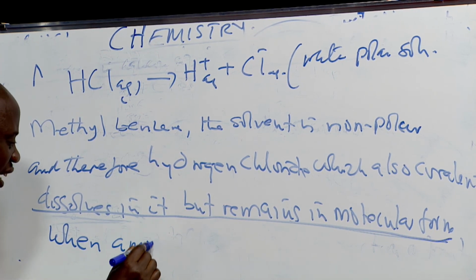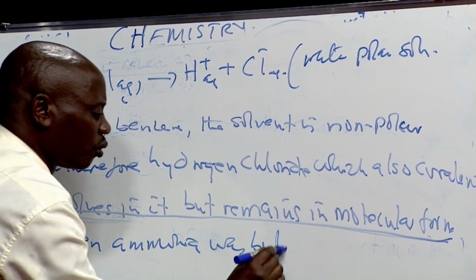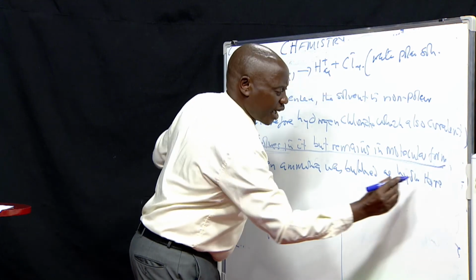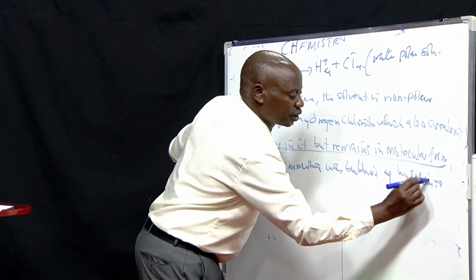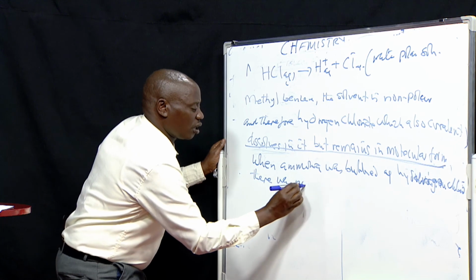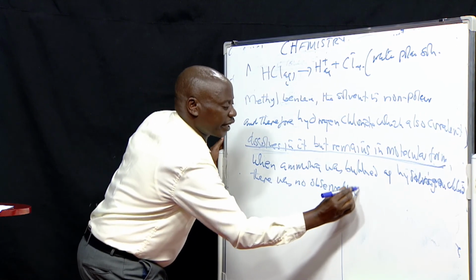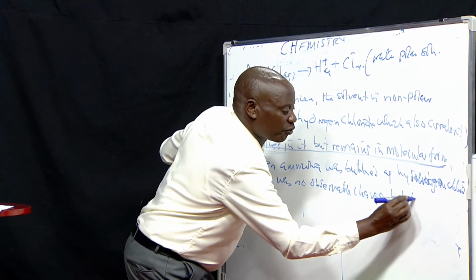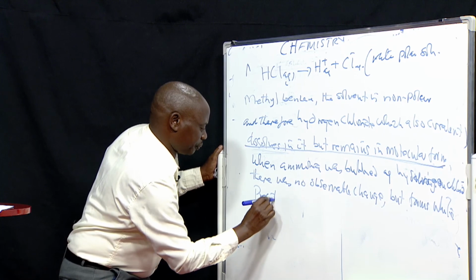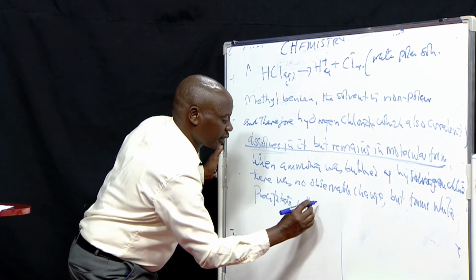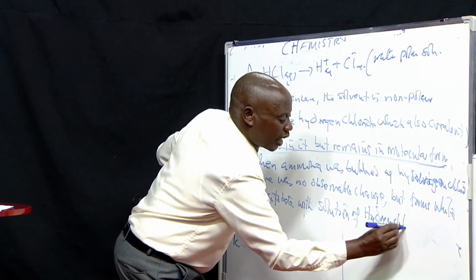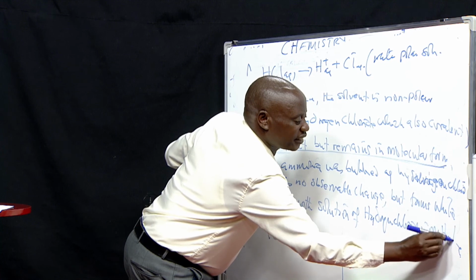When ammonia was bubbled through aqueous solution of hydrogen chloride, there was no observable change, but it forms a white precipitate with a solution of hydrogen chloride in methylbenzene.